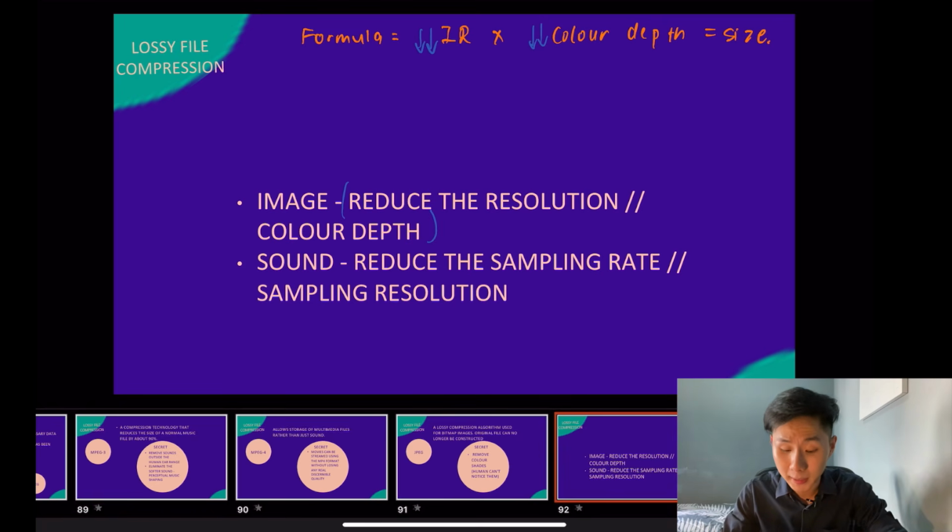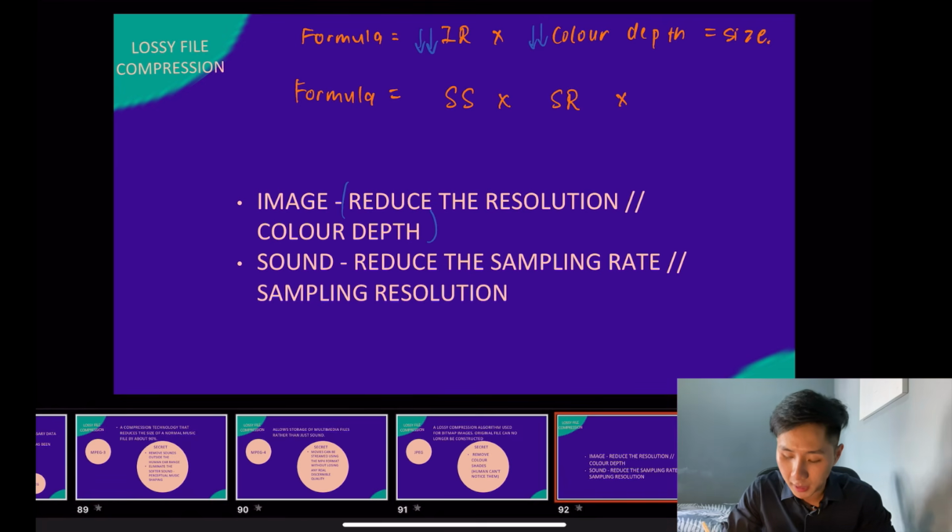This, I believe, is a past year exam question: how does lossy file compression reduce the size of an image? So those are the two methods you can use: reduce the resolution, reduce the color depth. Let's move on to the formula to calculate the size of a sound, which is sample rate multiplied by sampling resolution multiplied by time.